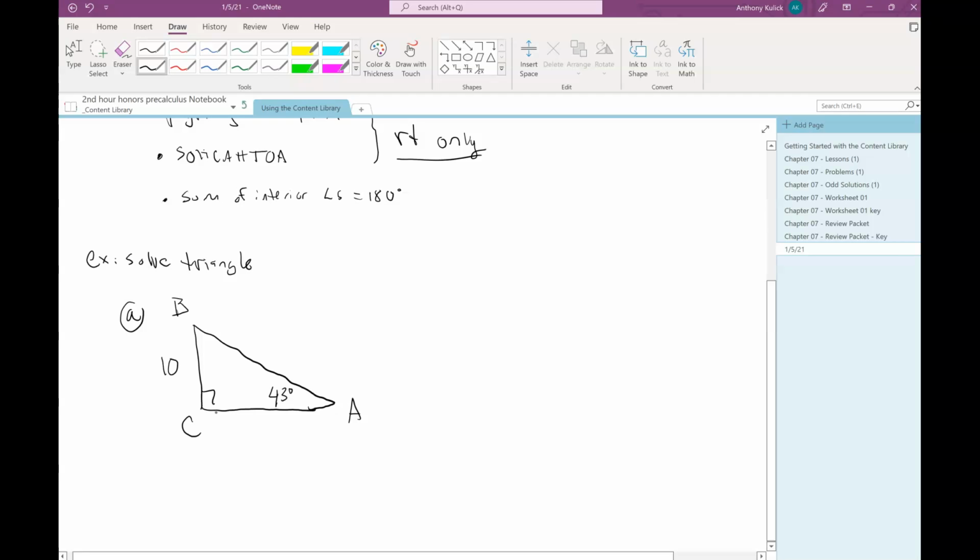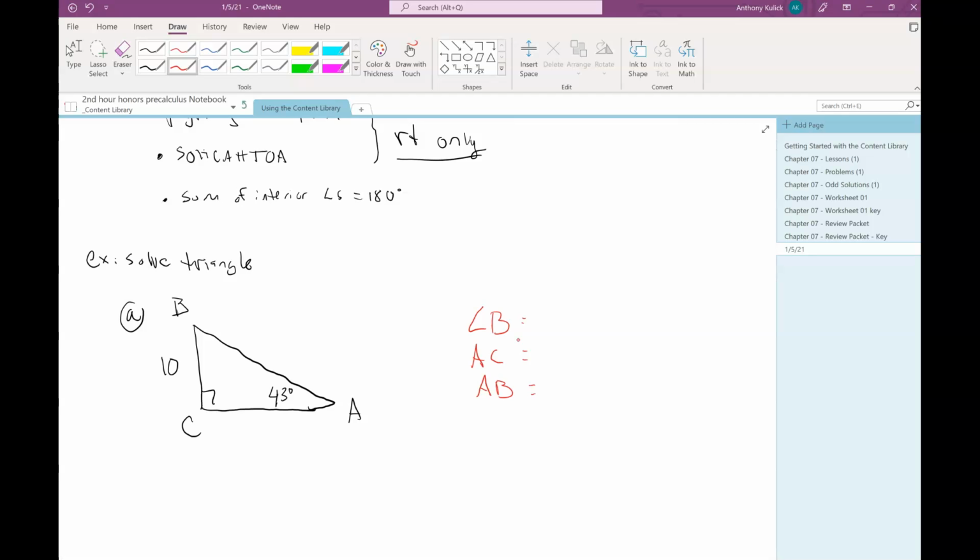And the other situation is where you'll be given two side lengths. We'll do one example of each of these two situations. Okay with that? All right. Okay.